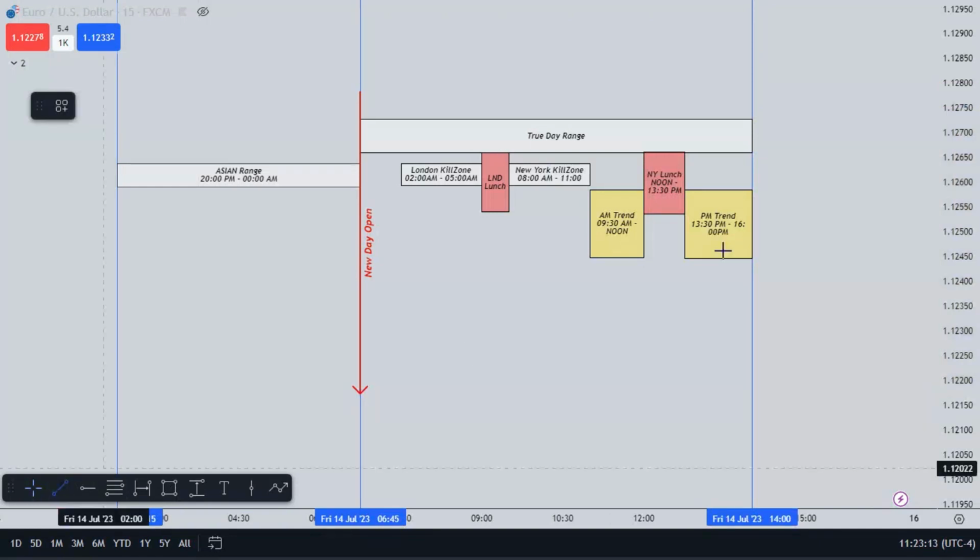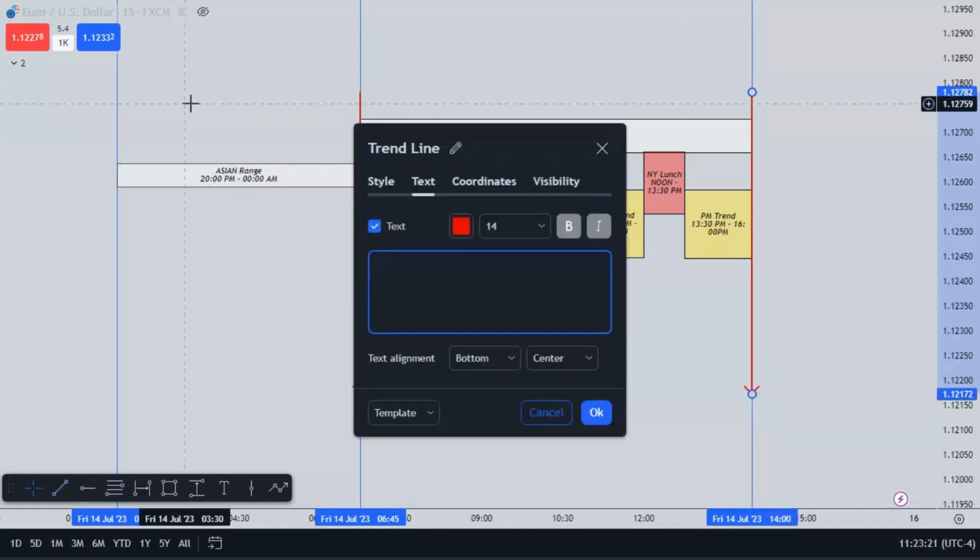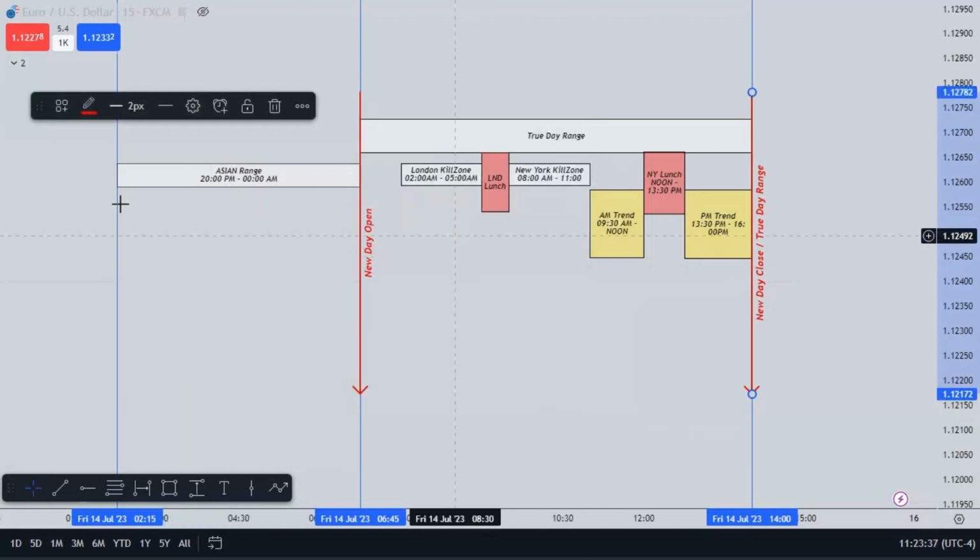And then here we have our day close, new day close. In other words, the true day range is the range between our new day open and our new day close, right?